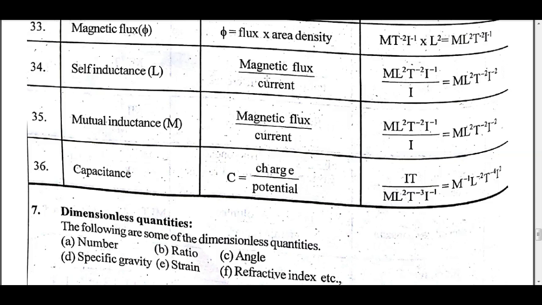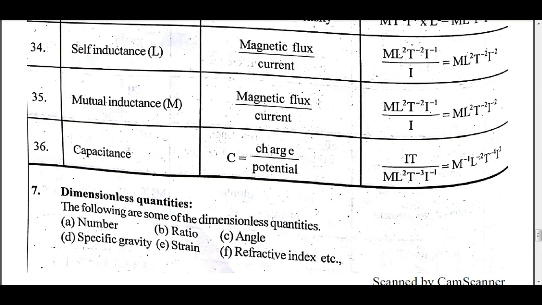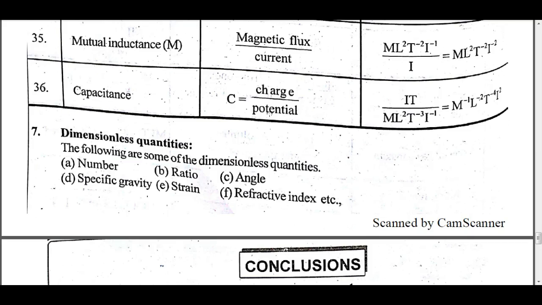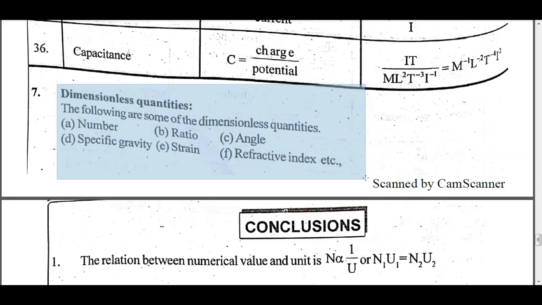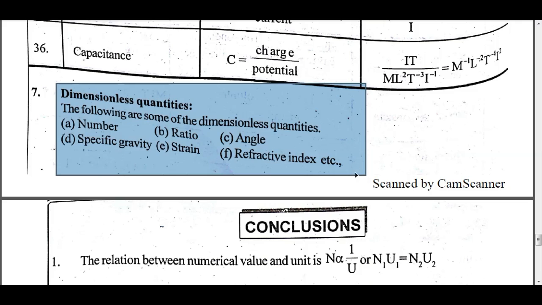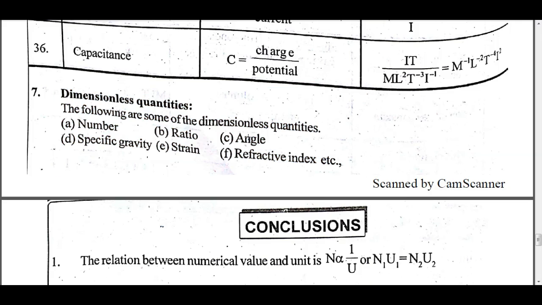And here some important ones are dimensionless quantities. Dimensionless quantities are very important. Here we already discussed that for angle there is no dimensional formula. And for ratios, the numerator and denominator both have the same units, so that's why there is no dimensional formula for a ratio.